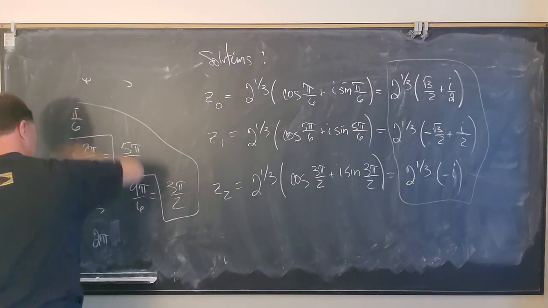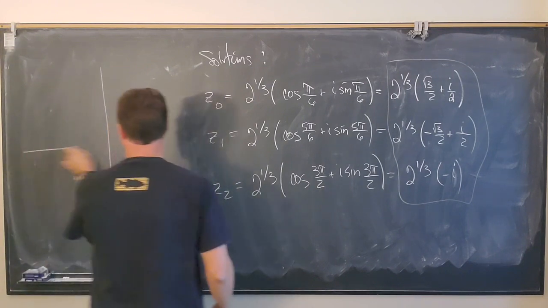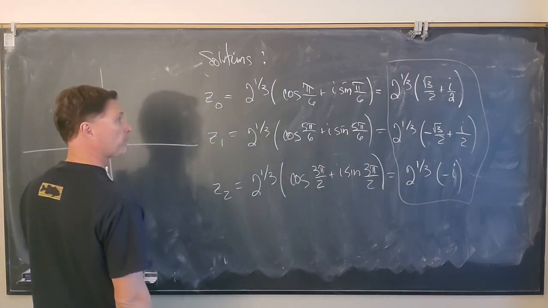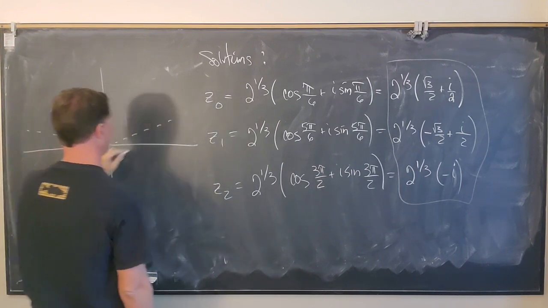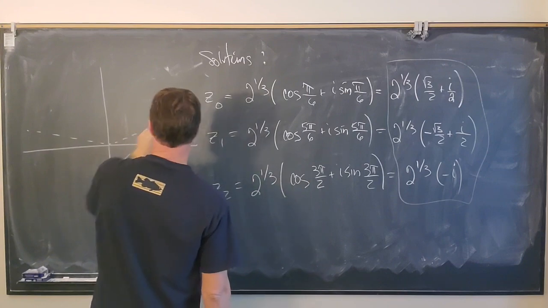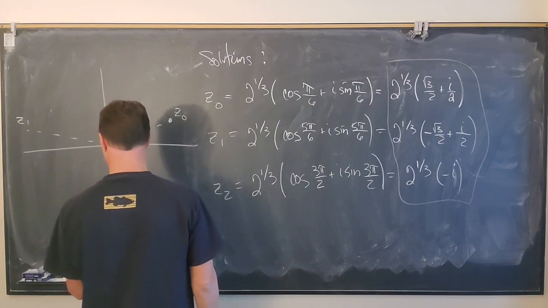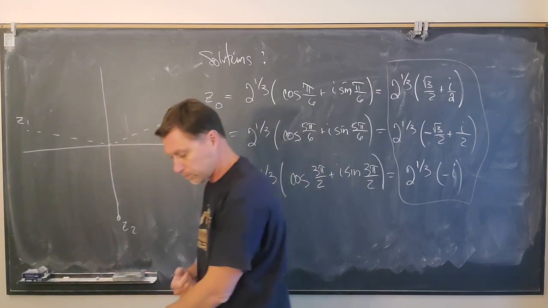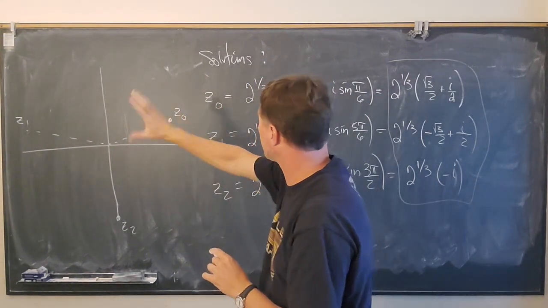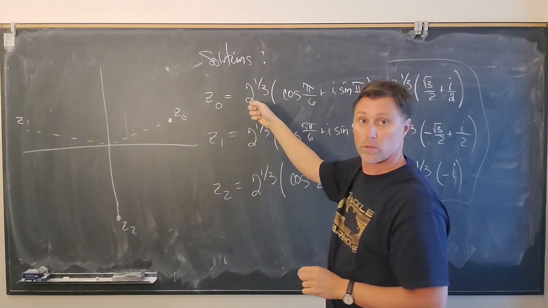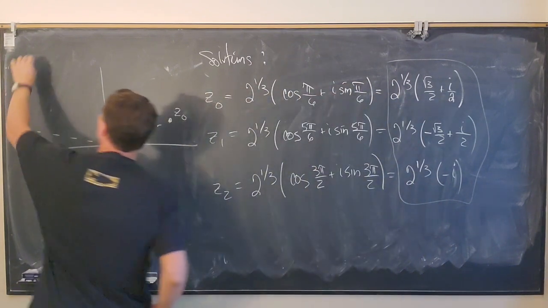And it's nice to see what this looks like geometrically. So I've got a pi over 6, I've got a 5 pi over 6, and so there's Z0, there's Z1, and then if you go out here, there's Z2. So geometrically, these solutions live on a circle of radius 2 to the 1/3, and they're equally spaced.